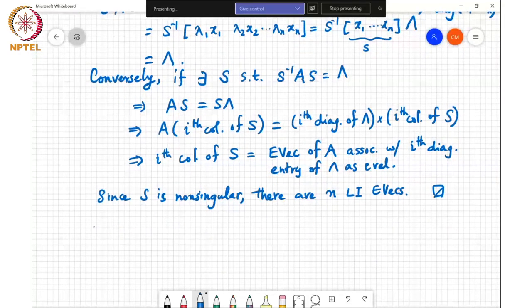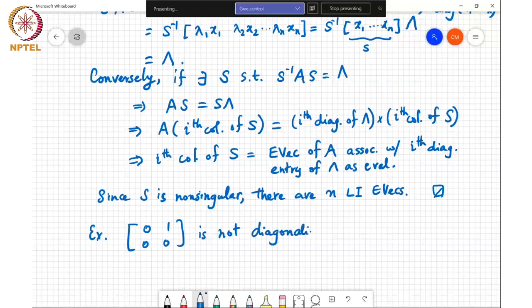So again, coming back to our previous example, this matrix 0, 1, 0, 0 is not diagonalizable. What it means is that it does not have two linearly independent eigenvectors.